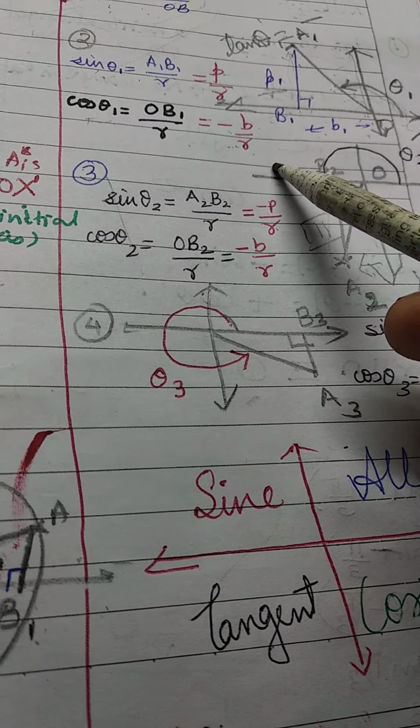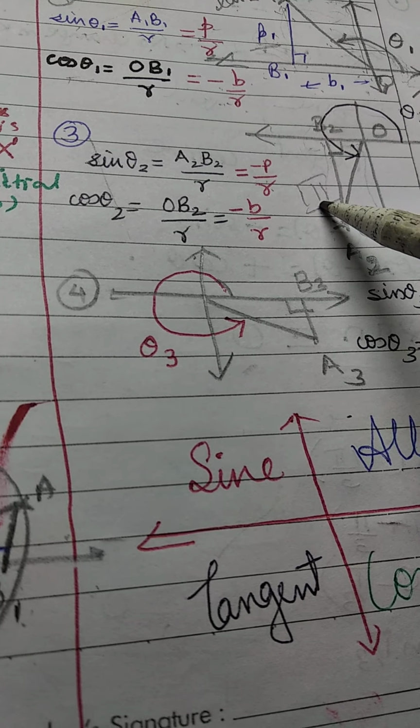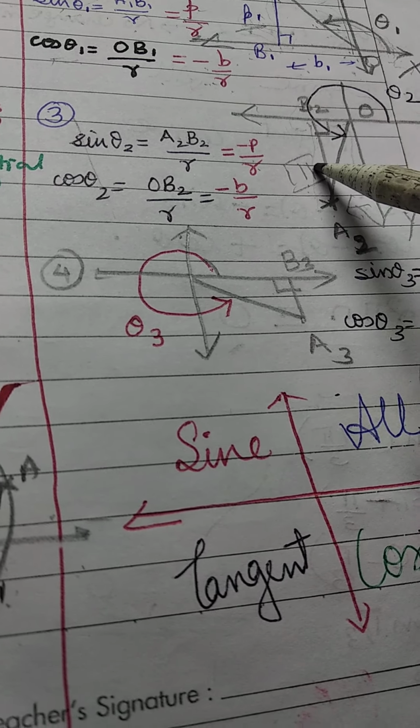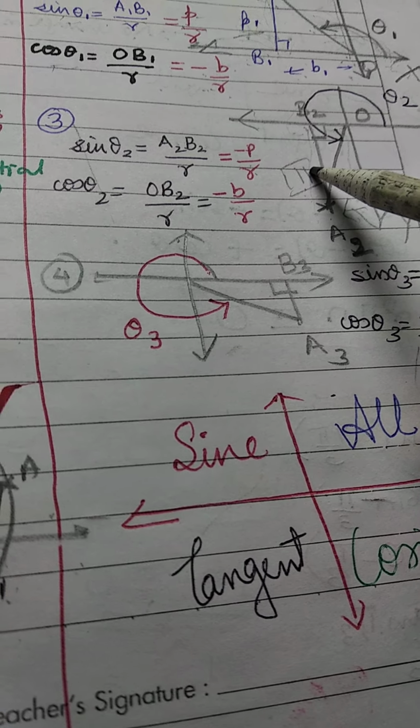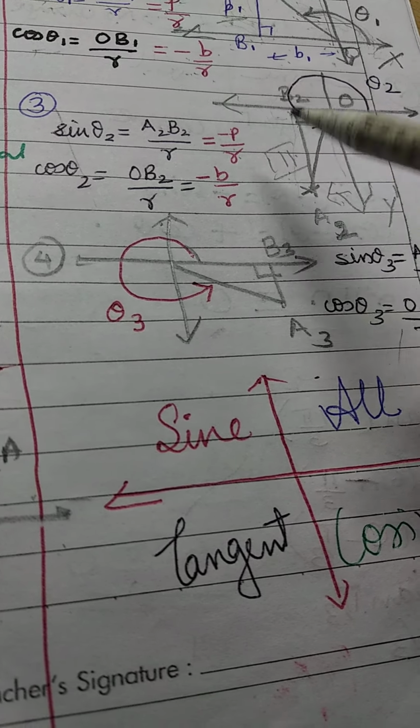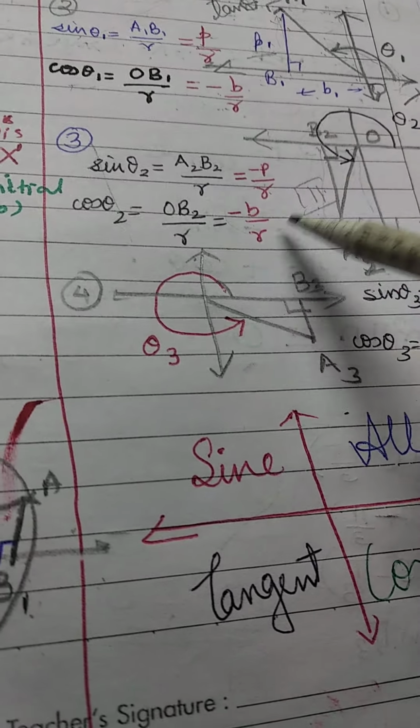So that quantity is also negative. Because of this, both the sine ratio and the cosine ratio happen to be negative. Therefore, the tan ratio will be positive. So in the third quadrant, the tan ratio is positive, hence its reciprocal, cotangent, will also be positive. The remaining four will be negative.